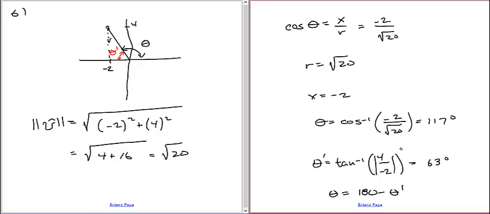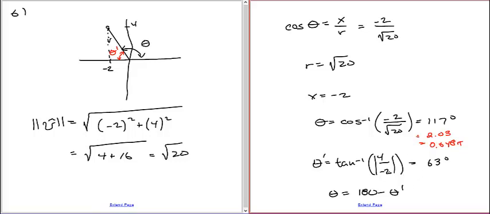So if we do the inverse cosine of -2 divided by the square root of 20, in radians it's 2.03, and if you divide by pi, you get 0.648 pi radians. And if you take 2.03 times 180 divided by pi, you'll get 116 degrees. You get the same answer.